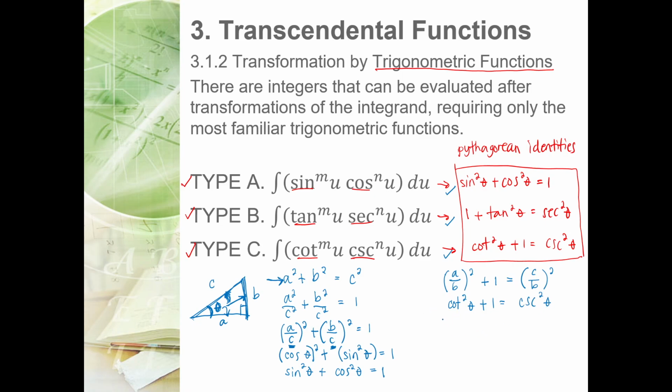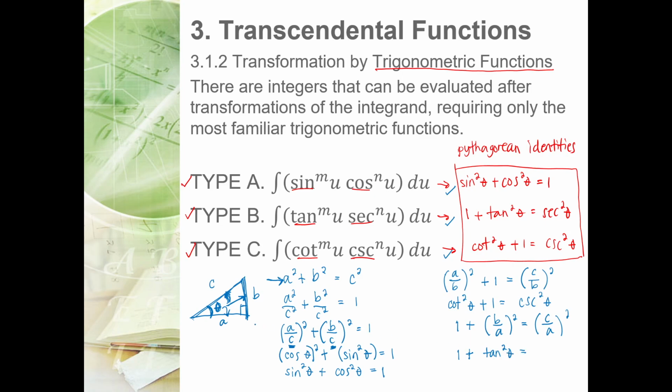Finally, we divide by a squared. So we have 1 plus b over a, squared, is equal to c over a, squared. Again, from the triangle, b is the opposite side and a is the adjacent side, so that's the tangent function.